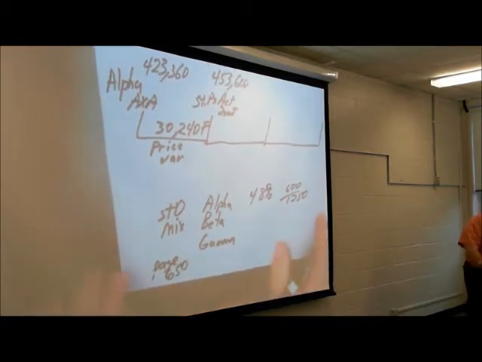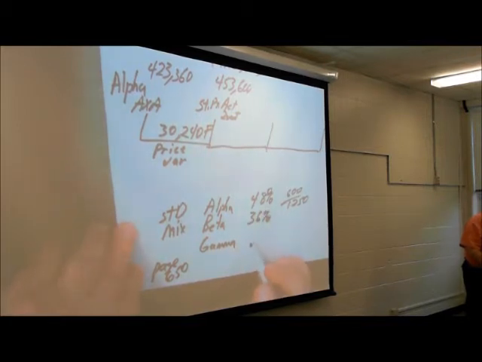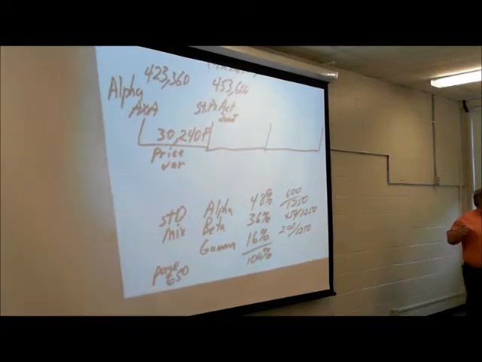And then beta would be 450 over 1250, which is 36%. And by process of elimination, 200 over 1250, it's got to be 16%, because it's got to add up to 100%, right? Everybody kosher with that?